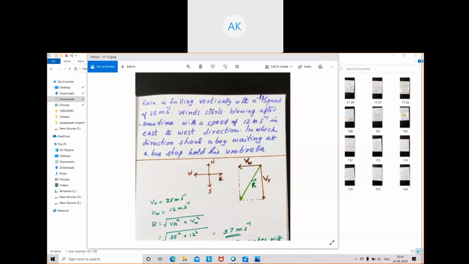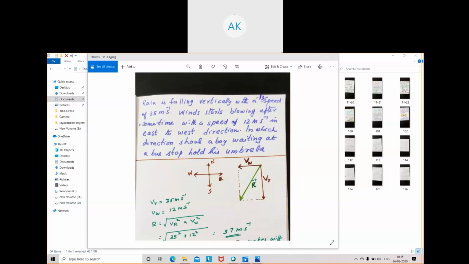We have already completed the parallelogram, and you just have to draw the diagonal. That will give the resultant of VW and VR, the velocity of wind and velocity of rain.